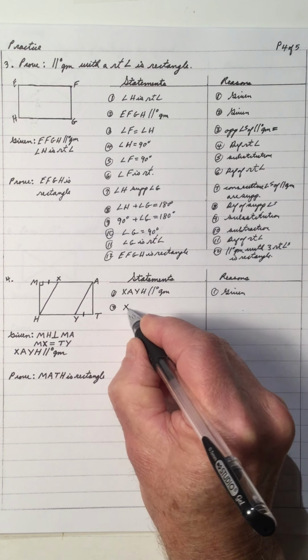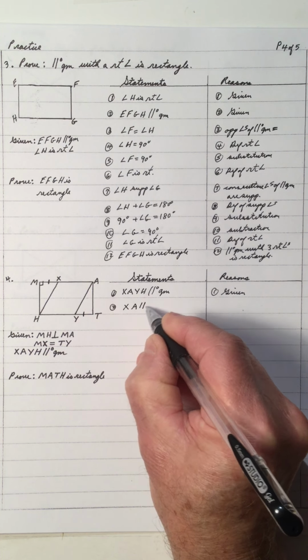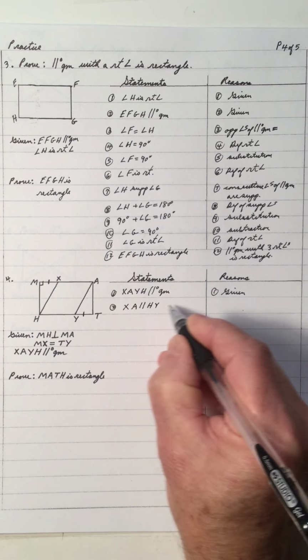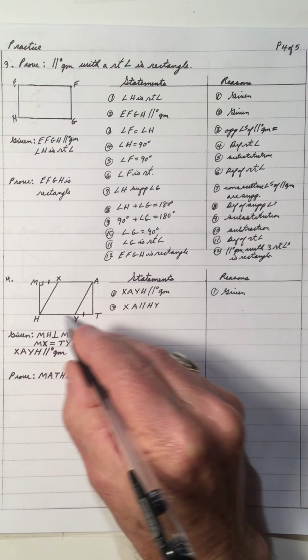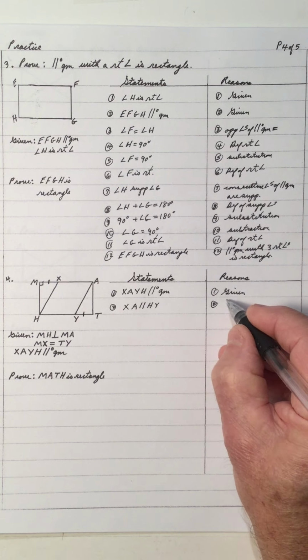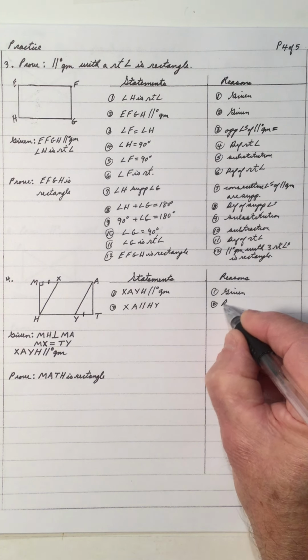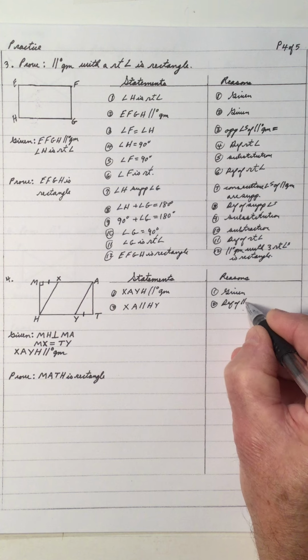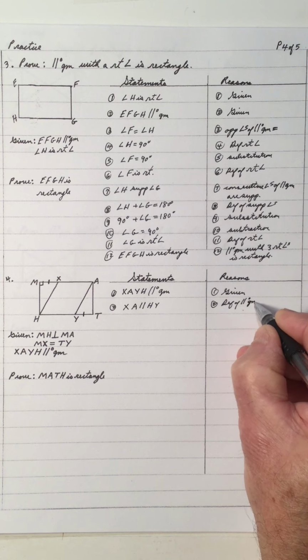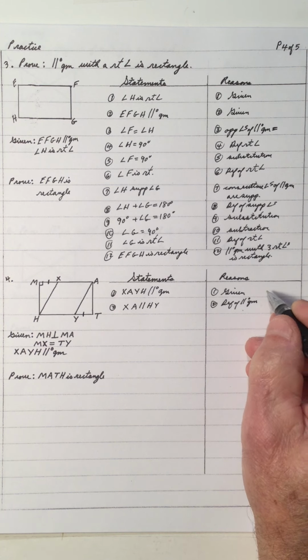Number 2, that means that XA is parallel to HY, and that's the definition of a parallelogram. Opposite sides parallel.